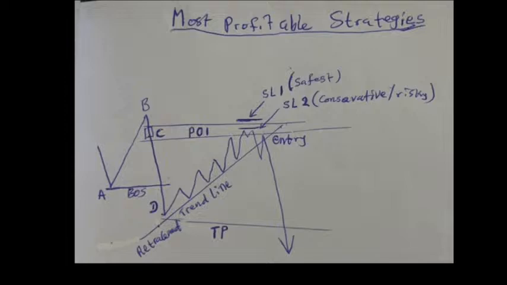So whenever price gives me this complete structural cycle in the market, what I do next is to spot out my point of interest, which is labeled here according to this illustration.